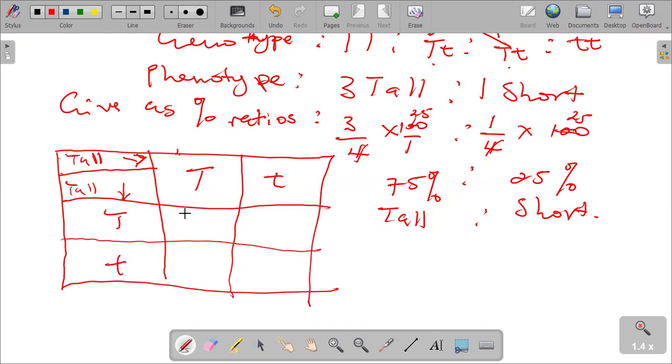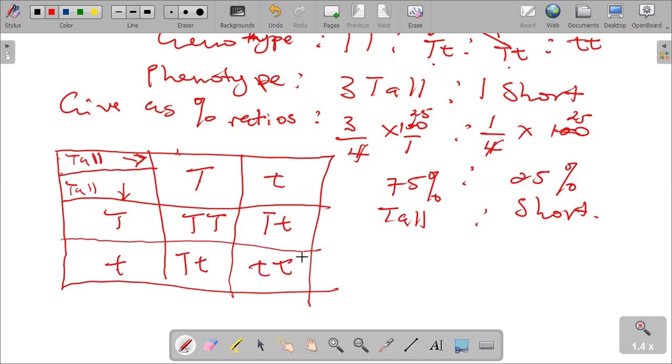So the T, this one, and the T, that one, come together. We have this dominant T, and then the small t there. We take this dominant T here and the recessive t there, and this small t there and that small t there.